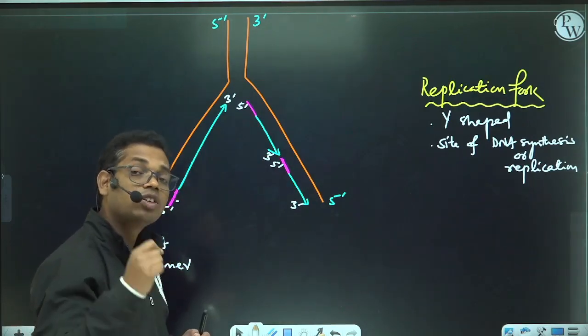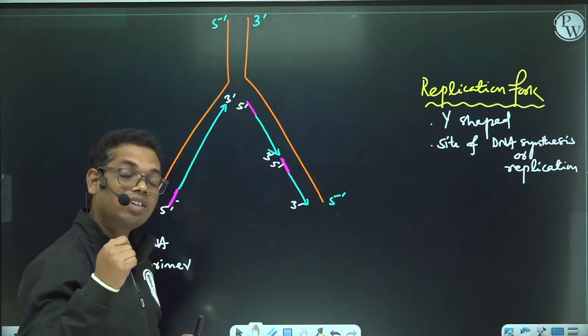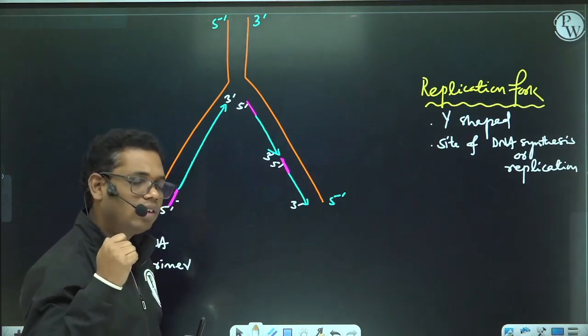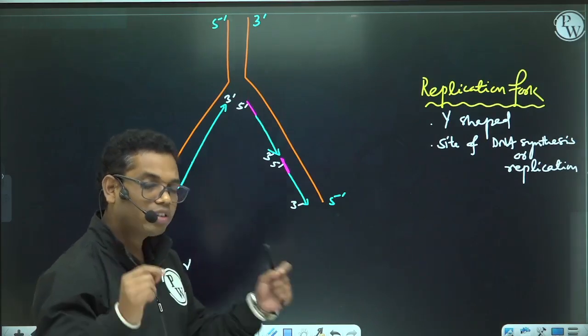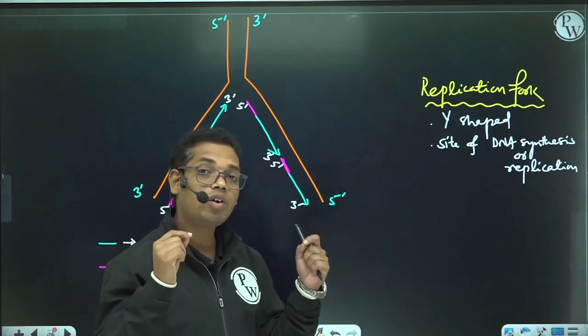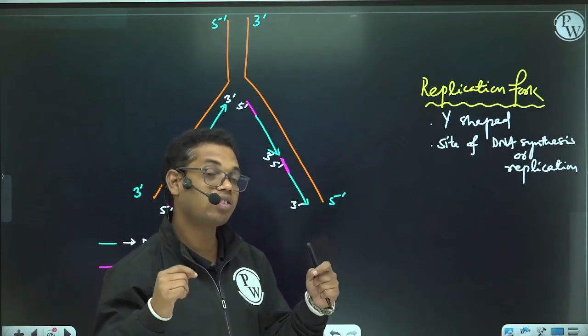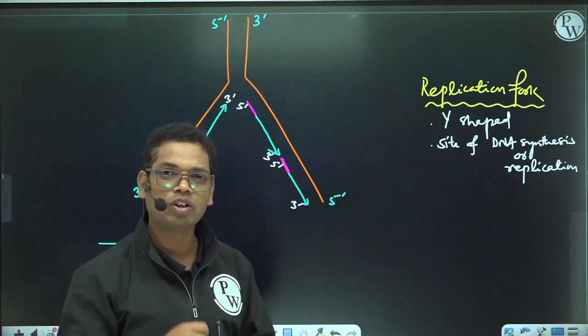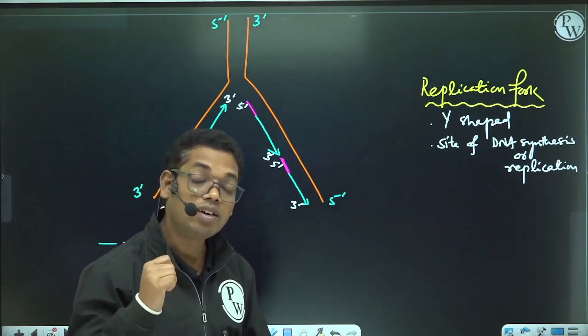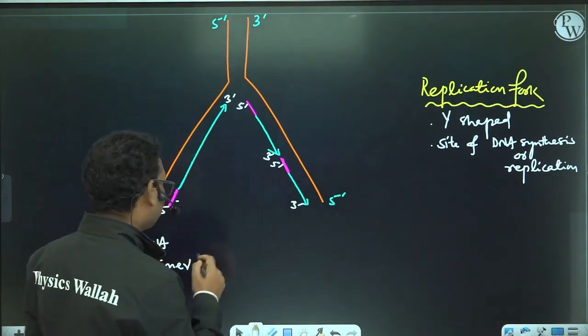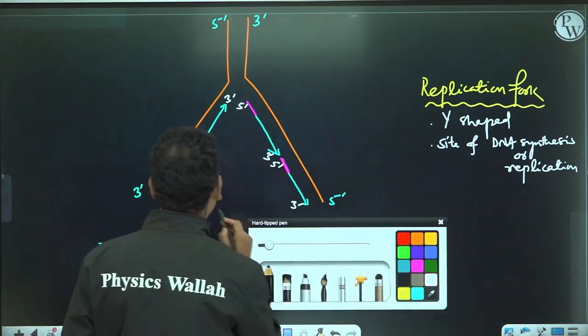The strand whose synthesis starts earlier is called the leading daughter strand. I repeat, the synthesis of both daughter strands does not start simultaneously. So the strand whose synthesis starts earlier is called the leading daughter strand. In this case, this one is called the leading daughter strand.